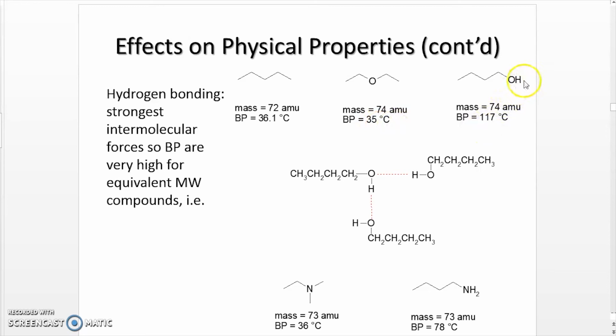If we put an OH on the end, creating an alcohol, we now have an opportunity for increased hydrogen bonding. Stronger intermolecular forces, now our boiling point raises to 117. And this can be seen through the middle of the slide, where the alcohol molecules are hydrogen bonding to one another.